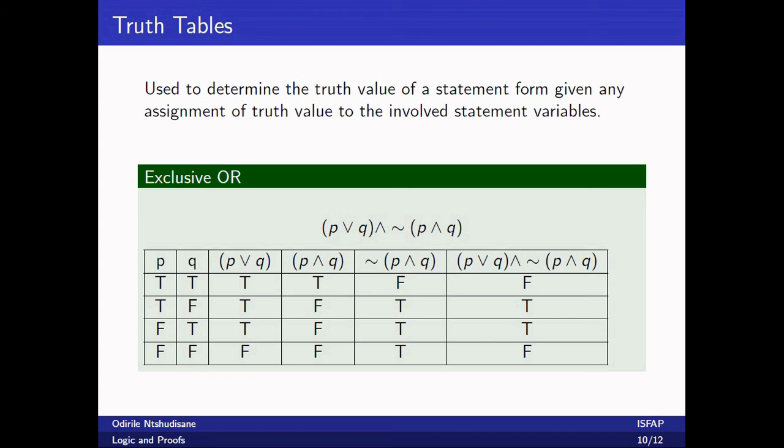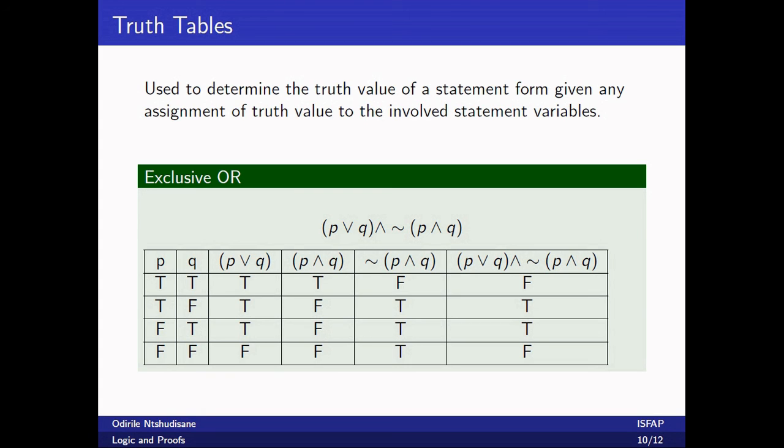Since P and Q is true, not P and Q is false. Now, as P or Q is true and not P and Q is false, their conjunction is false.